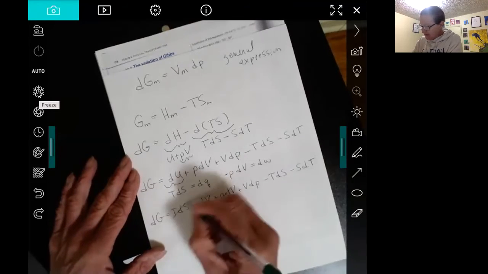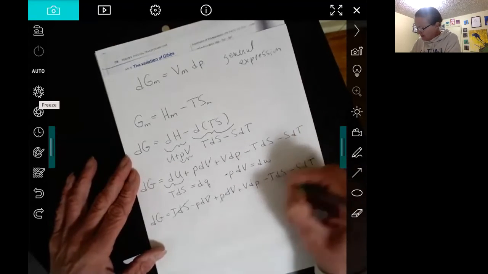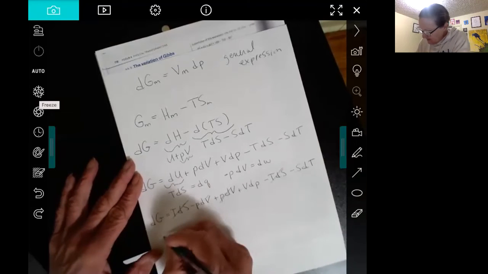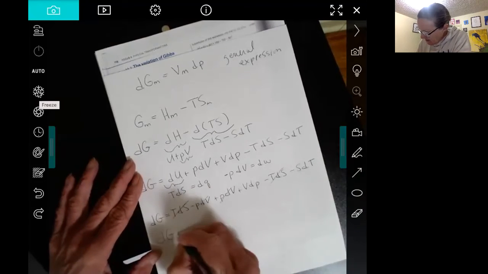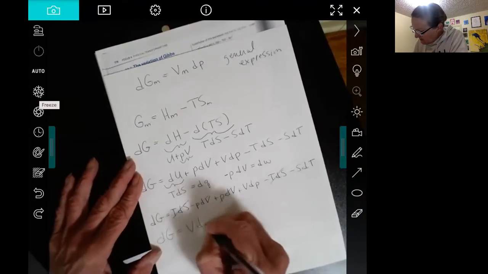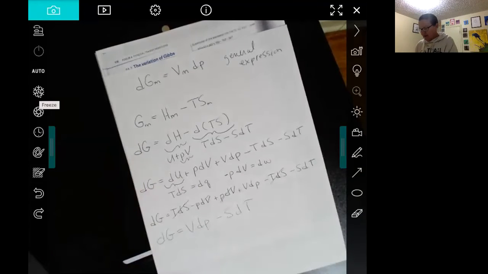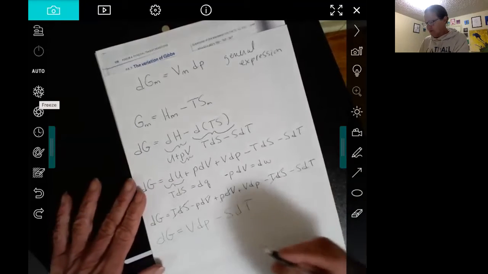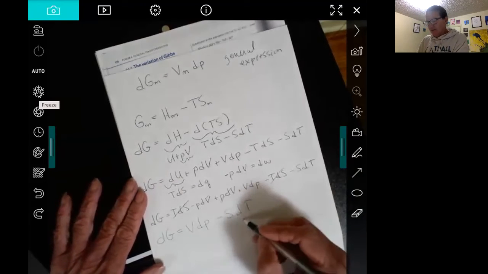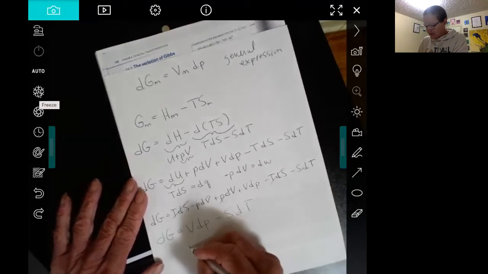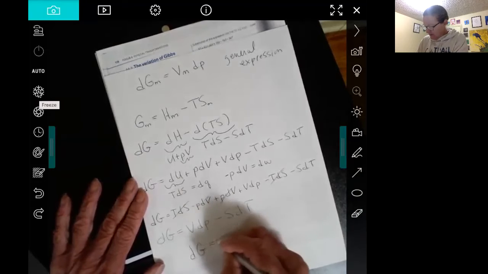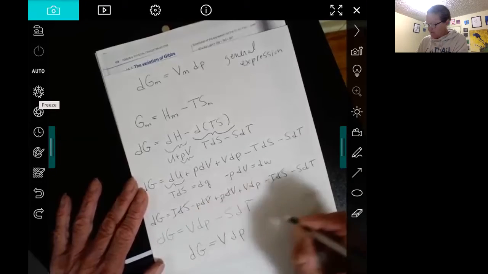We have T dS and we have minus T dS. And so we end up with dG equals V dP minus S dT. And now we can think about the situation that they're talking about first, which is we only change pressure, we don't change temperature. So then dG equals V dP.